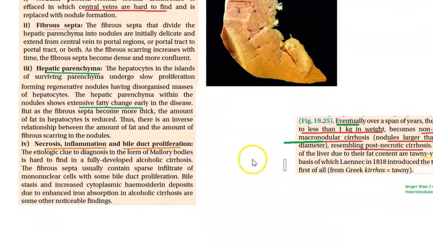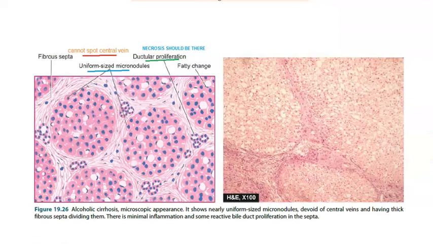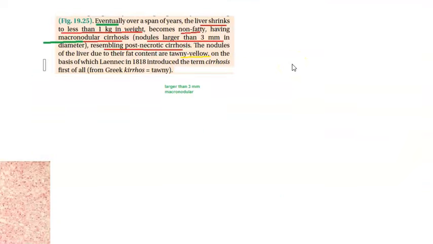Then we can see necrosis, inflammation, bile duct proliferation. Micronodules are uniformly sized. Then we have ductular proliferation. We cannot spot the central vein. There is fibrous septa. Necrosis can also be there. Then there is fatty change, etc. This is cirrhosis, ma'am. Eventually, it can become macronodular. Macronodular means the nodules can become larger than 3 mm in diameter.